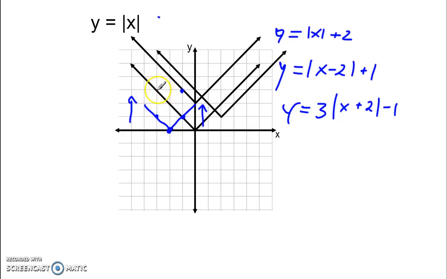Okay, so now my function looks like this. And now I can take that and move it negative 1. So now I'm moving that down 1. So we're down here with the vertex.